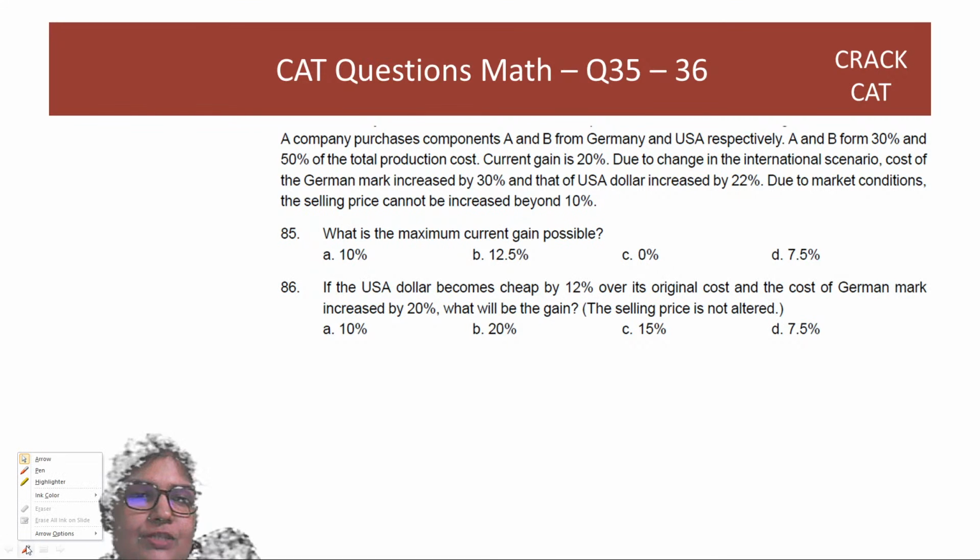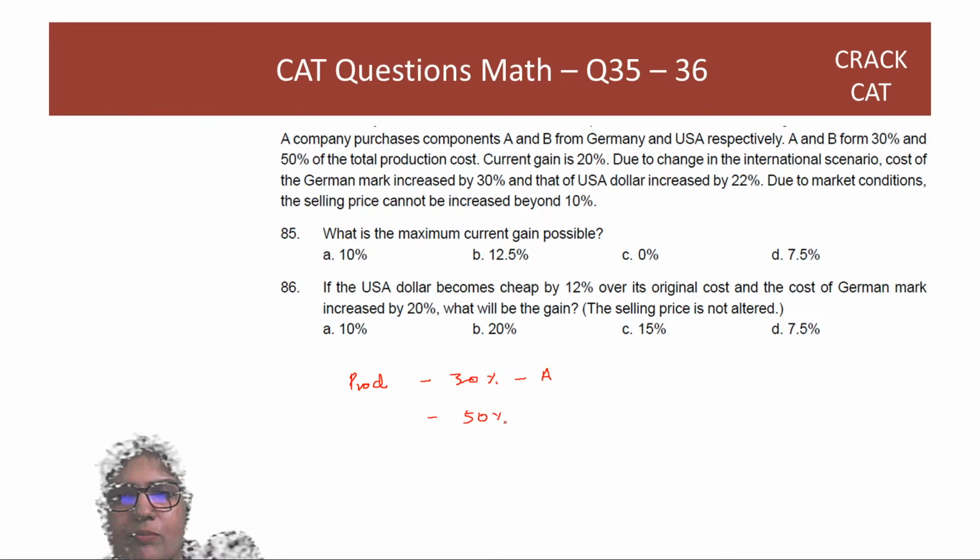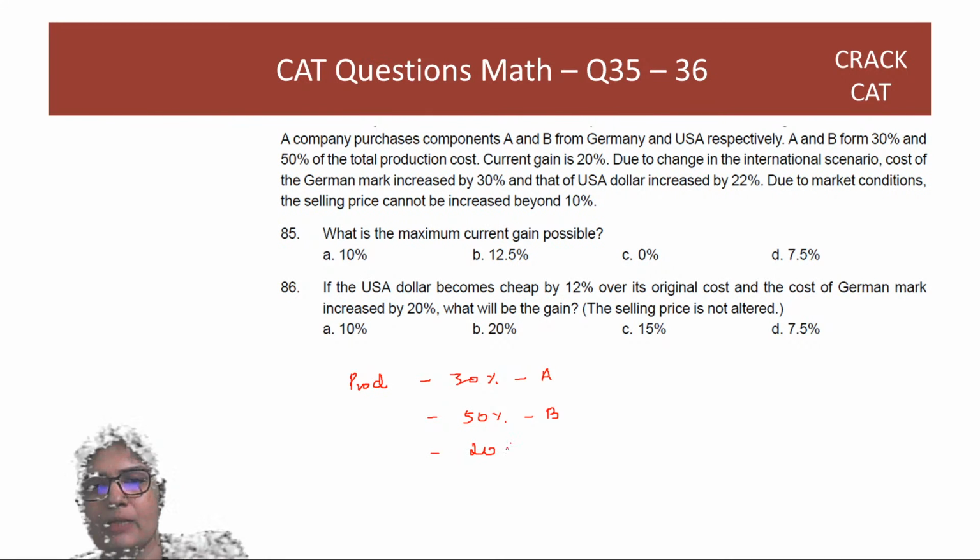A company purchases components A and B from Germany and USA respectively. A and B form 50% of the production cost. So जो production cost है, right? उसमें से 30% is from A, 50% is from B. Now production cost तो पूरा 100 होगा, तो obviously some wages, some electricity bill, right? 20% is general cost.